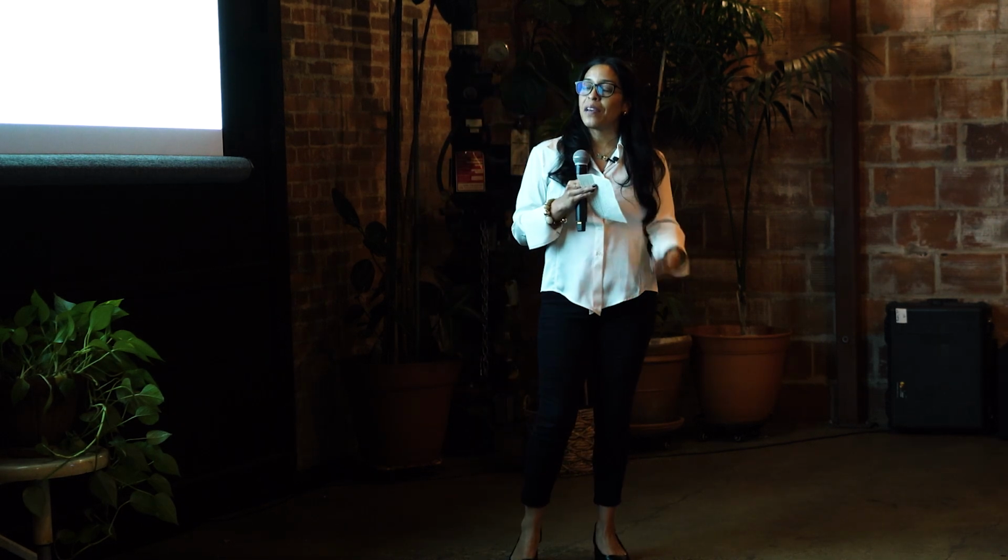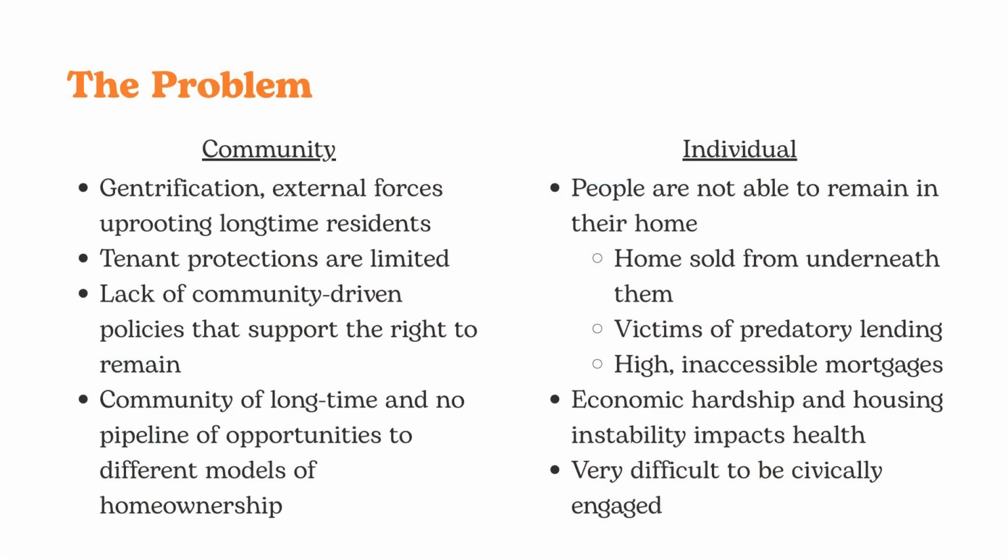But the last bullet point I have here is that our community of longtime renters has no pipeline of opportunities to different models of homeownership. Sometimes a traditional homeownership model doesn't quite work for many of the people in our community.